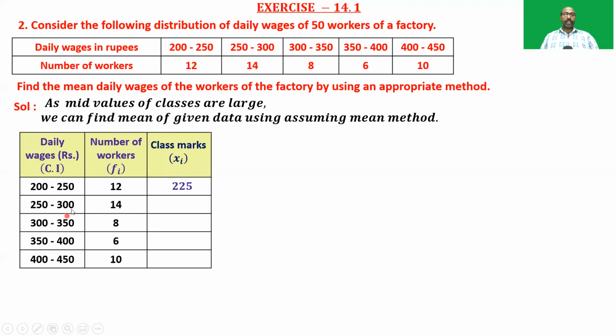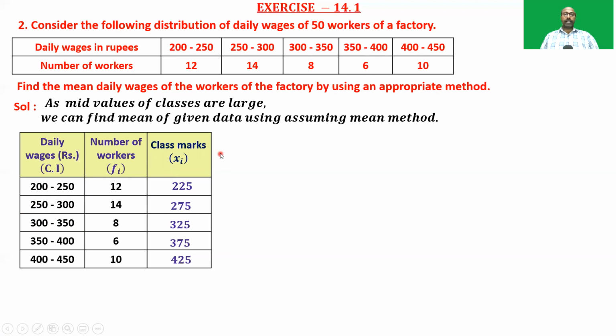And similarly, class mark of 250 to 300 is 300 plus 250, that is 550 by 2, which is equal to 275. And class mark of 300 to 350 is 350 plus 300 is 650 by 2, which is equal to 325. And similarly, the remaining two class marks are 375 and 425.